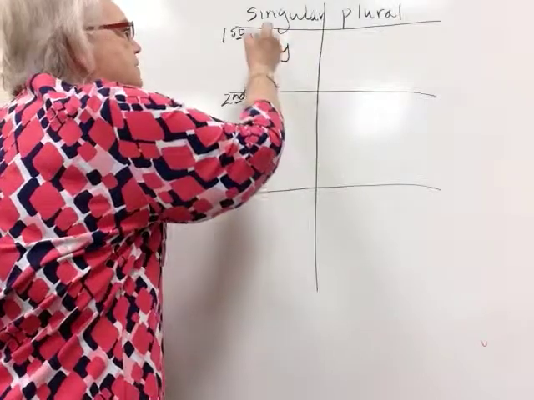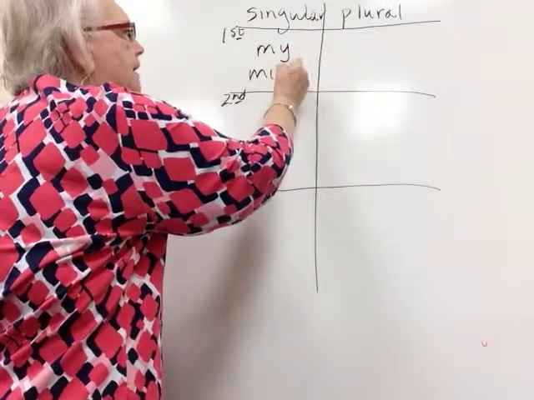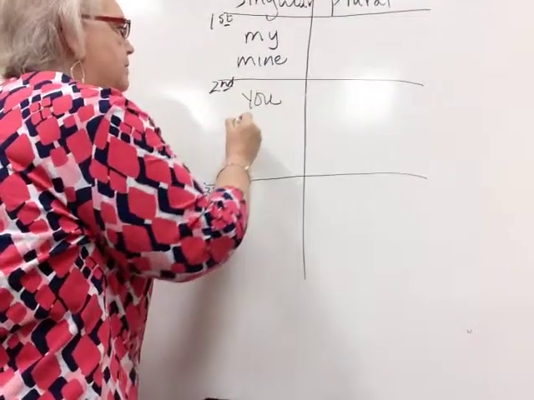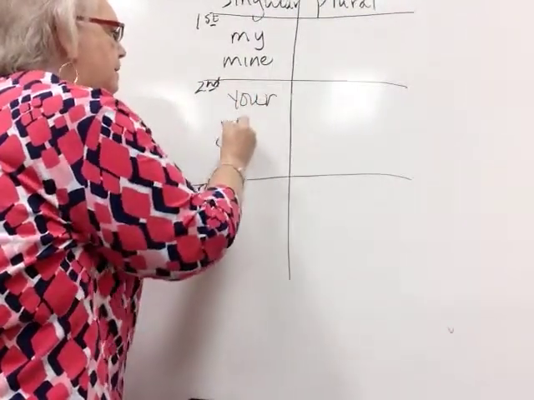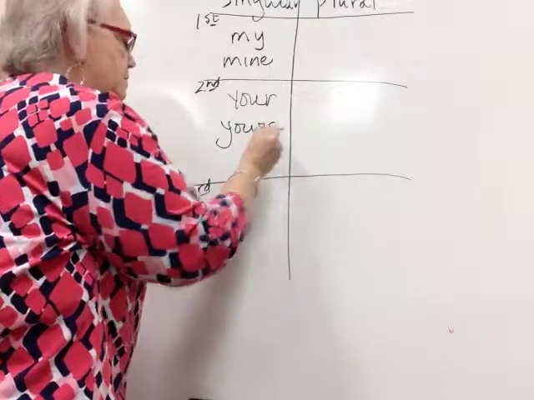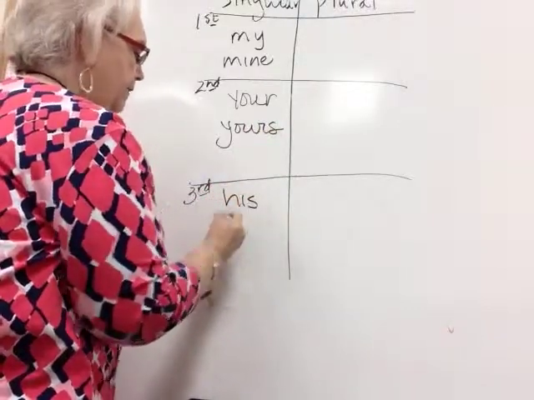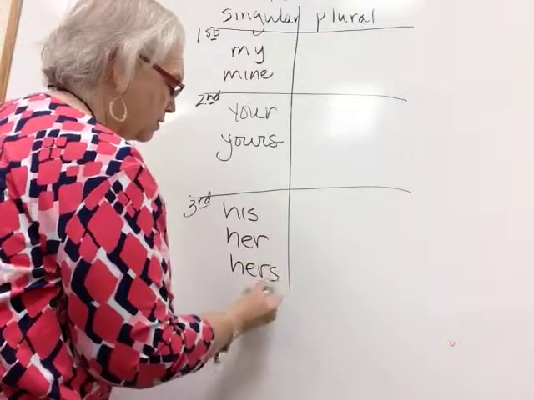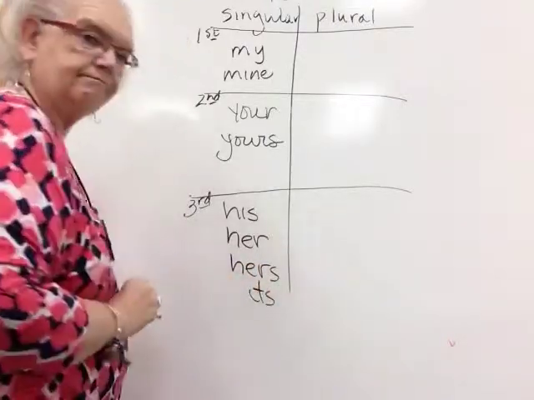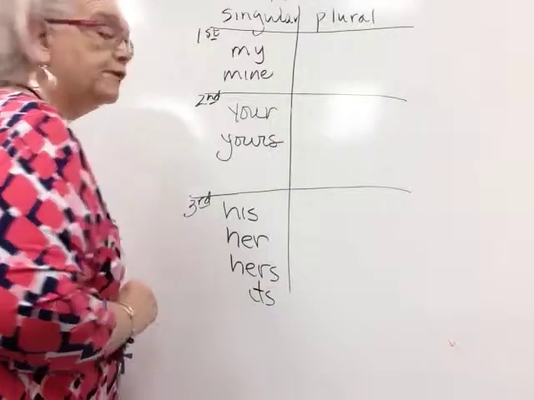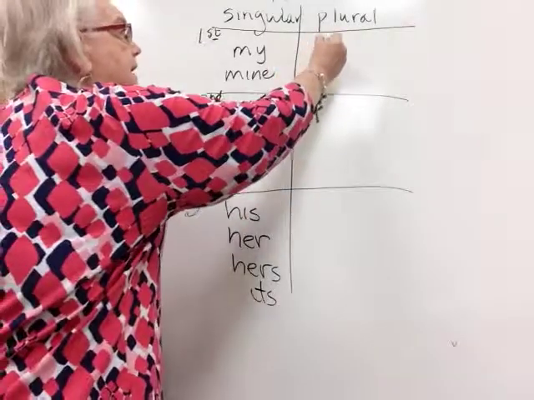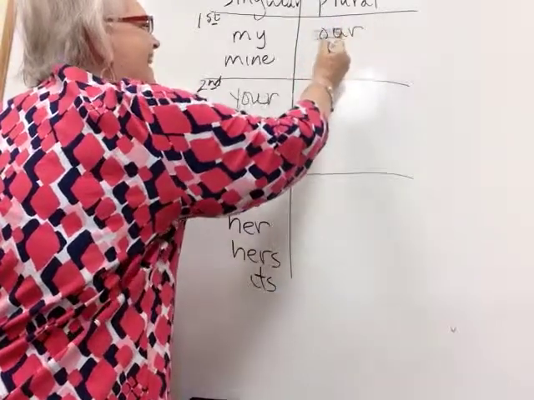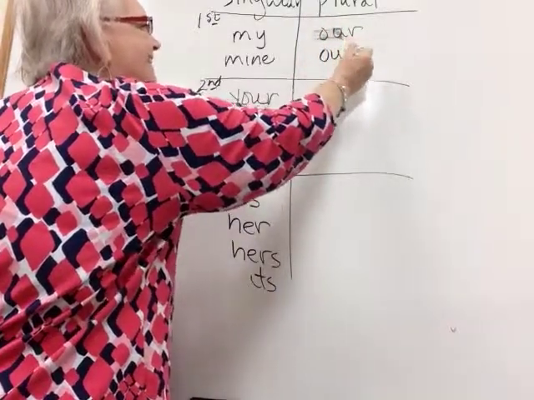Okay? First person singular is my and mine. Second person is your and yours. Third person is his, her, hers, and its. First person plural is, that's not right, is our, sorry, and ours.